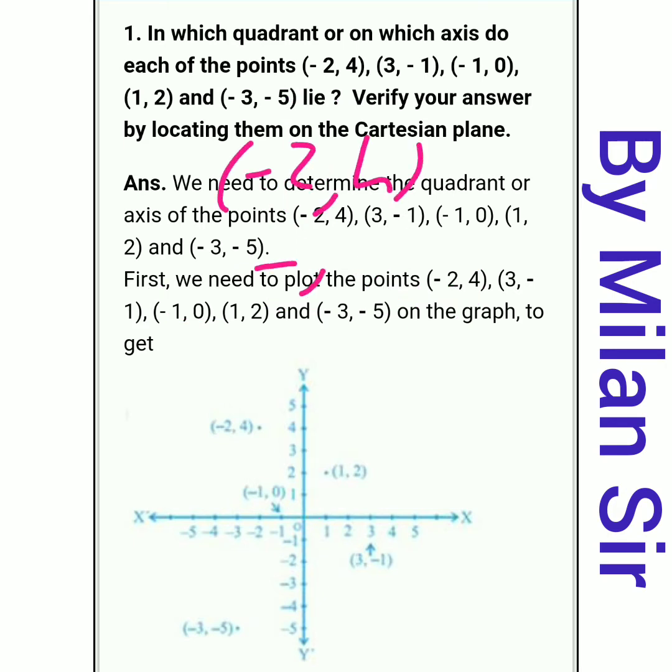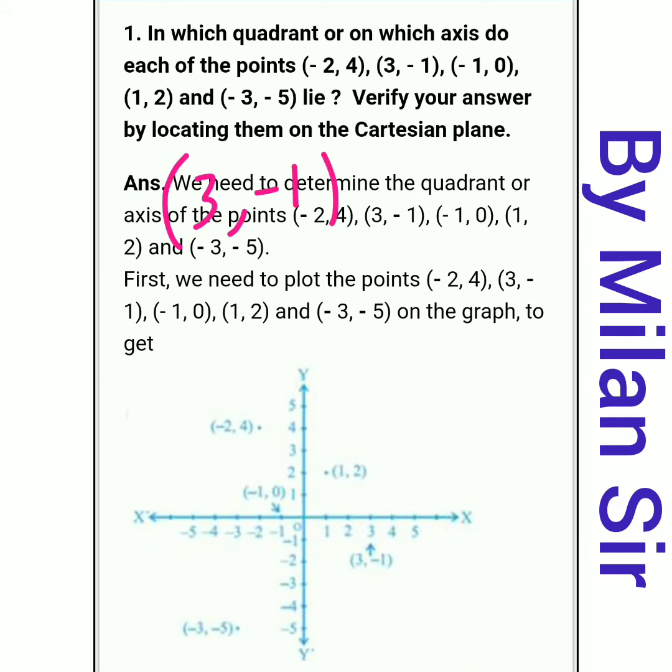The first sign is negative, the second sign is positive. This is the sign of the second quadrant, so we can directly say that (-2, 4) lies in the second quadrant. Then the second point, (3, -1).